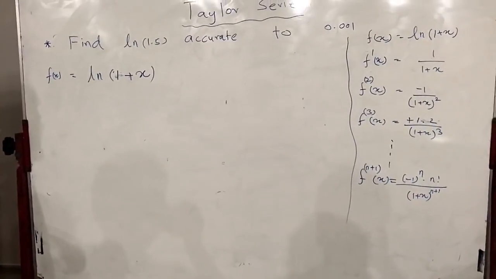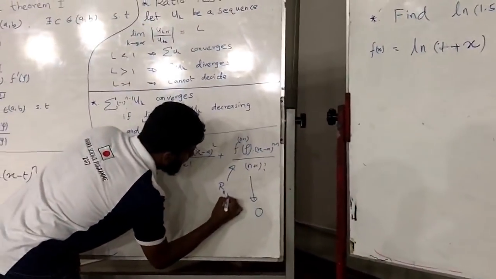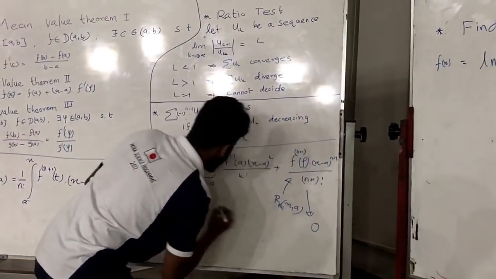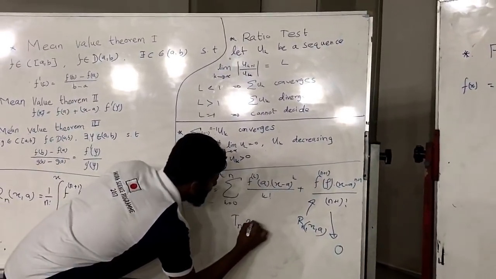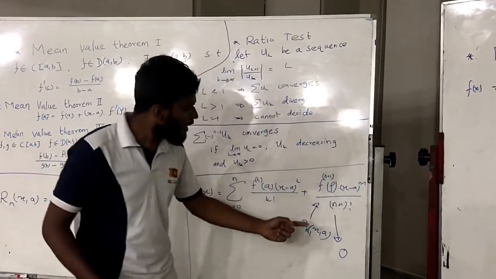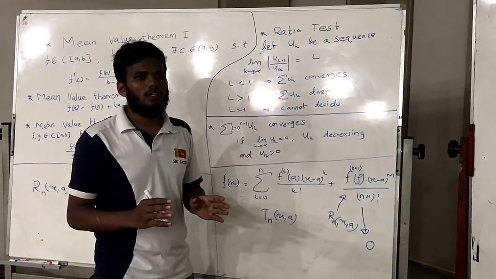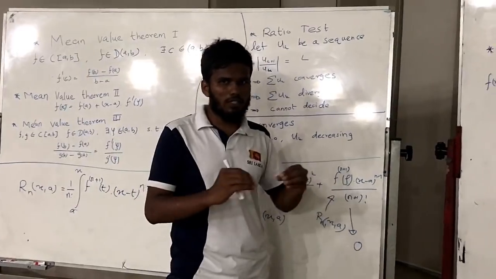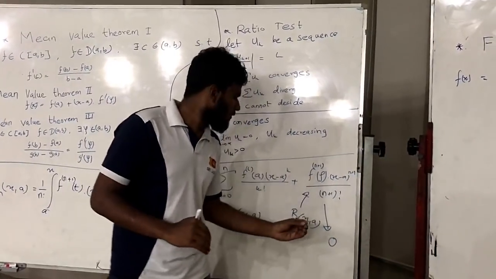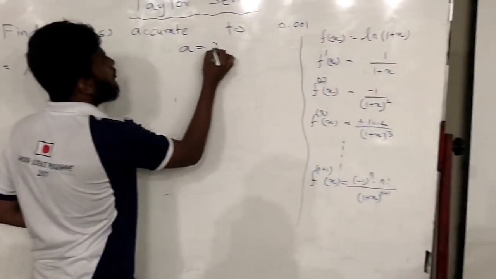Let's say what we need to find is R_n(x, a), which is T_n(x, a). So we need to find a also. There is an a here. For our convenience, usually in our semester problems, we use a as 0.